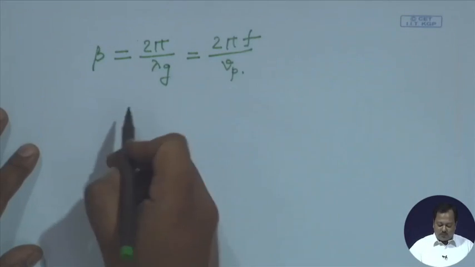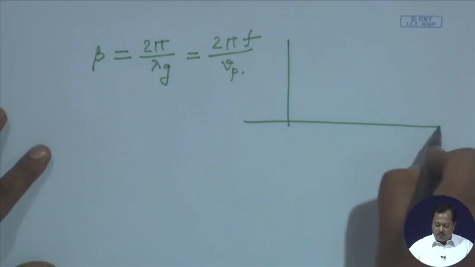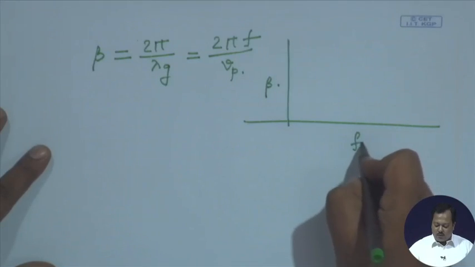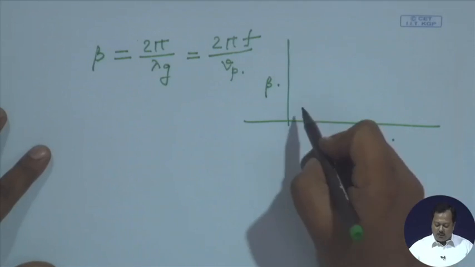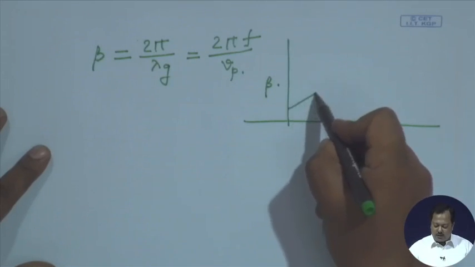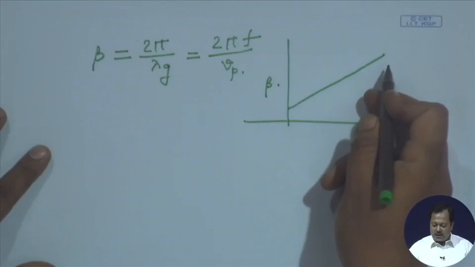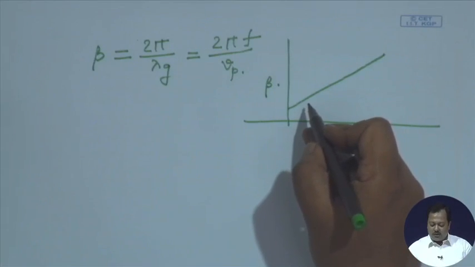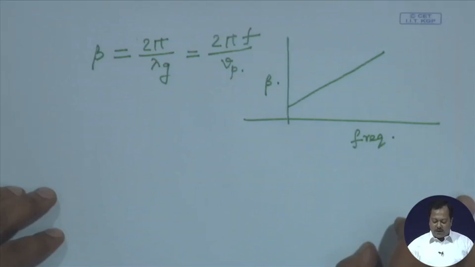Then we see, ideally if I plot beta versus frequency, it should increase linearly, and if there is any deviation from this straight line, that means we have velocity as a function of frequency, we have dispersion effect.